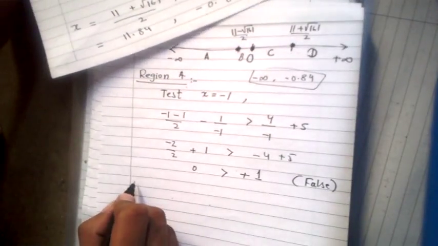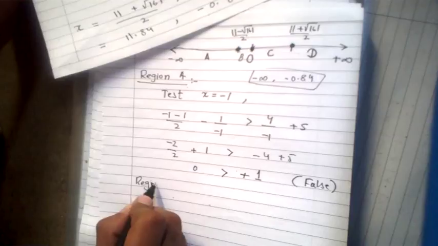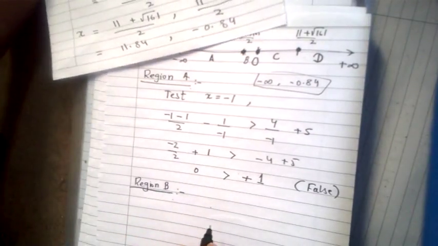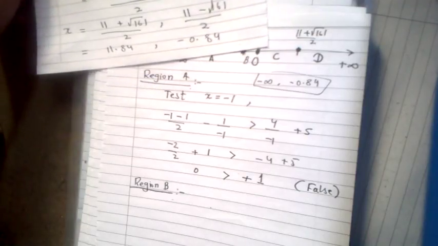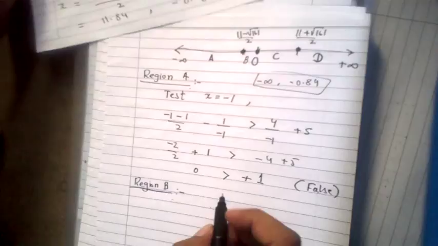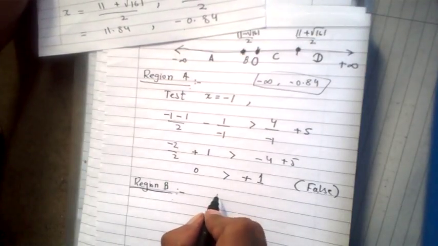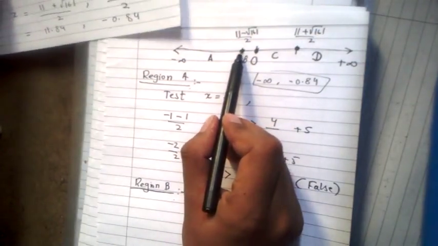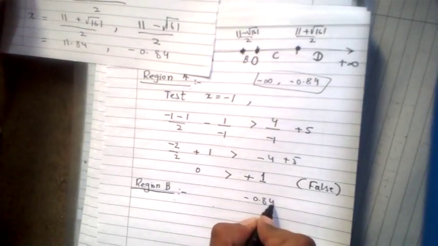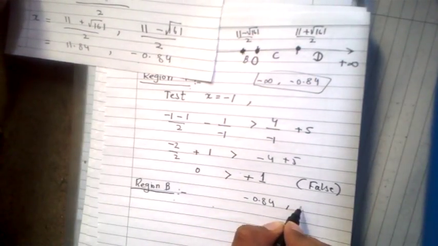Now we will check out the region B. Region B is from this point to this point, that is from minus 0.84 to 0.